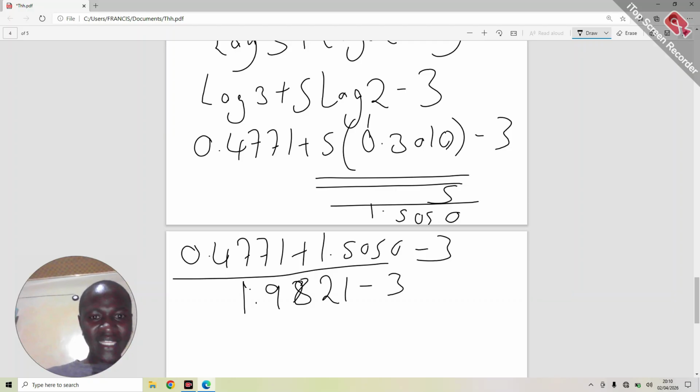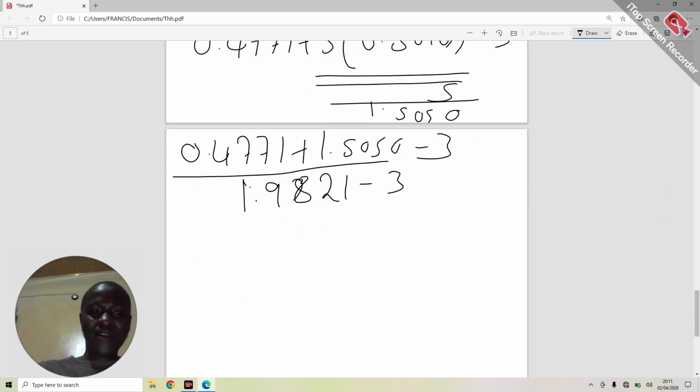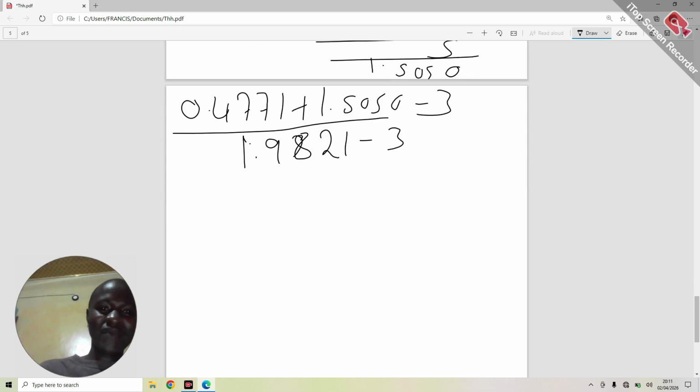1.9821 minus 3. Now remember, these are not numbers. The main reason why I told you not to punch this on your calculator is that these are not numbers. We have something called characteristic and mantissa. Don't worry much.